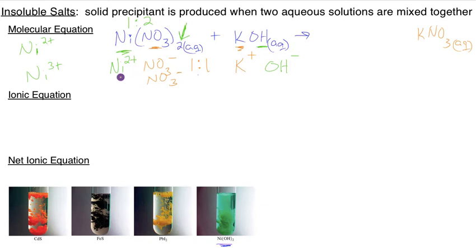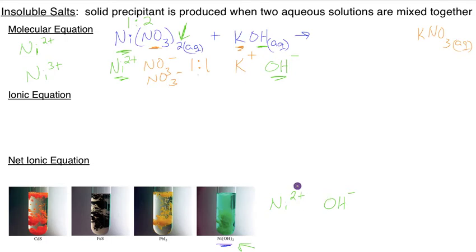I need a similar thing going on with the nickel hydroxide. That's why we see that formula right down there. It's hard to see, but it's actually 2 hydroxides per 1 nickel, because again, it needs to balance out the charge. When you're trying to determine the molecular formula of a salt, if the numerical values on the charges are not the same, 2 versus 1, then we can use what I call the flip-flop rule.